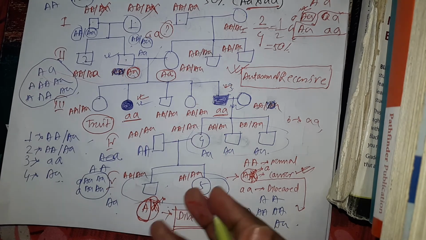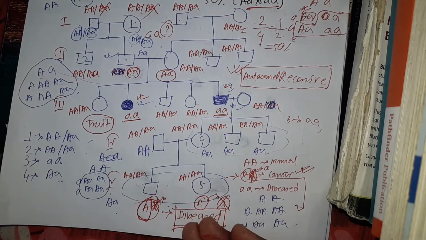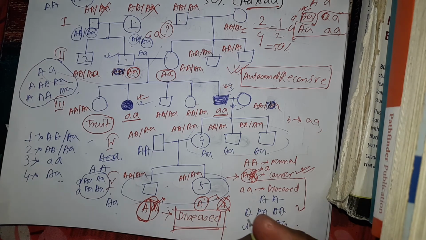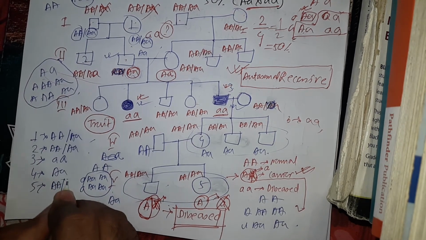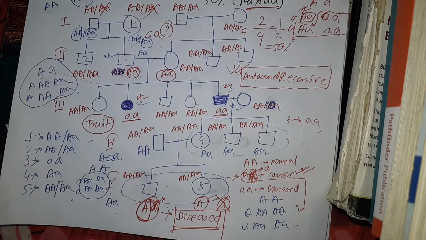Because we do not have further data. If we had, then we would again conclude its genotype by considering their progeny, but we do not have further data, so we have to conclude that both capital A capital A and capital A small a are possible, okay?